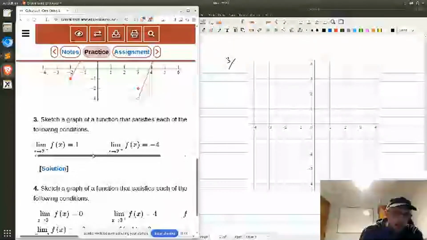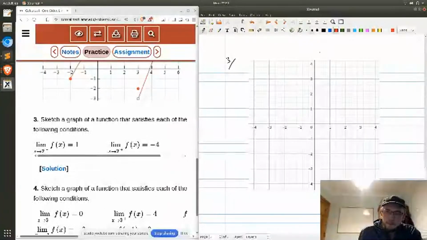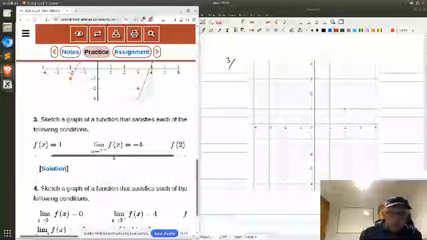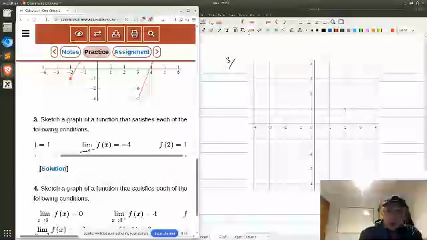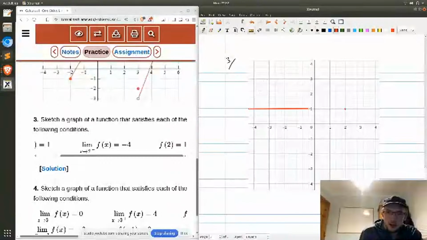So we need a graph that as you approach 2 from the left, you get 1. Like that. As you approach 2 from the right, you get -4. And f of 2 itself is 1. So I'm going to do the most boring and safe function in the entire universe.